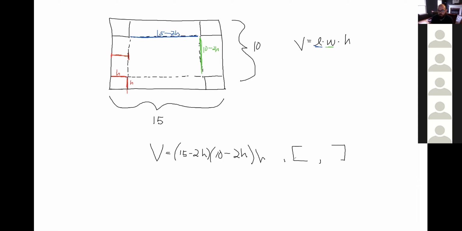It could be closed, it could be open, but there's some interval. I have this function that I want to optimize over some interval. 1 to 3. Right, we want the minimum height, it has to be at least 1 inch deep, and it can be no more than 3 inches deep.